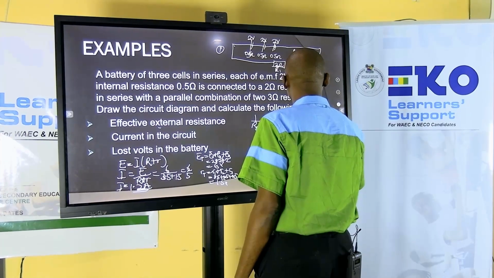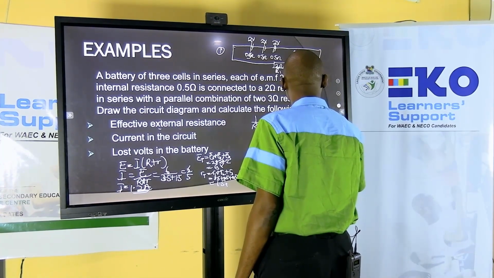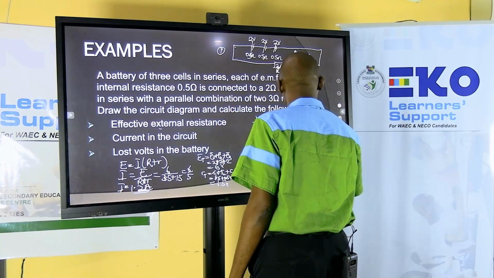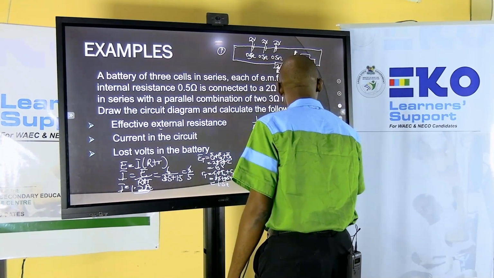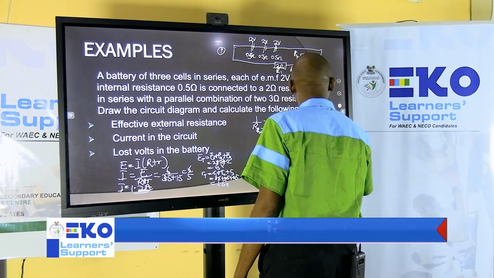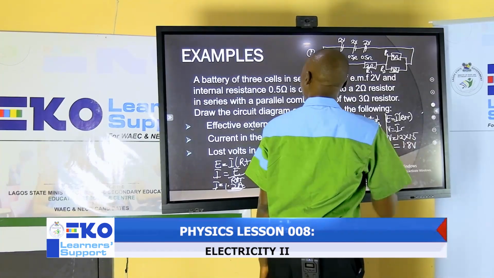So your lost volt equals I multiplied by small r. And so lost volt equals, what is my I? 1.2 times, what is our r? 1.5. The answer is 1.8 volts.